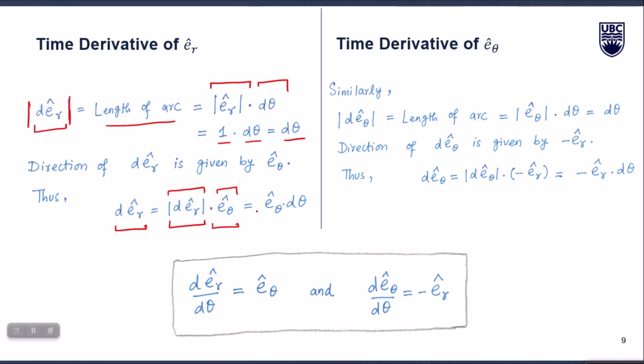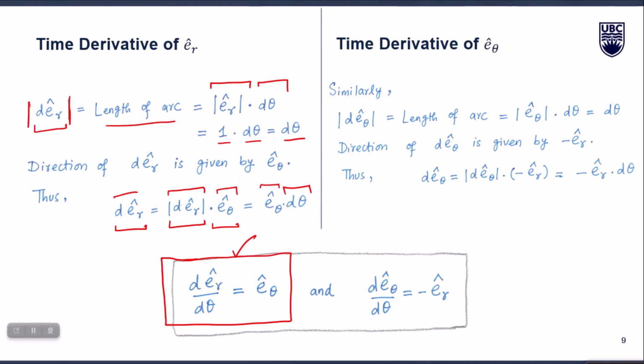So I can simply call this quantity dE sub r as E sub theta times d theta, where d theta is the magnitude and E sub theta is the direction of that vector. And finally I can divide this dE sub r with d theta, right? So I can just take this d theta as a denominator here or divide with d theta on both sides. I will get this expression at the bottom, right?